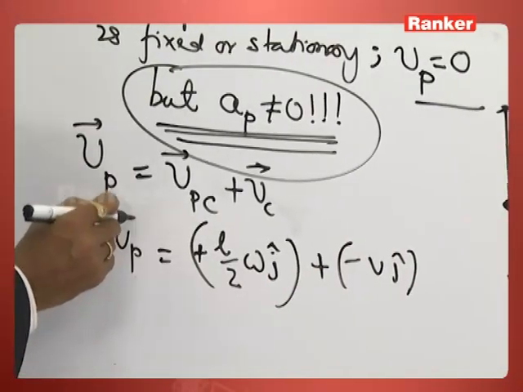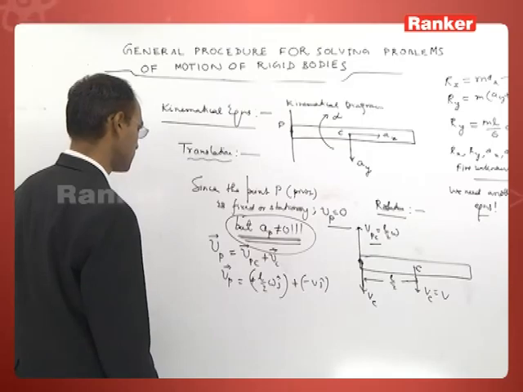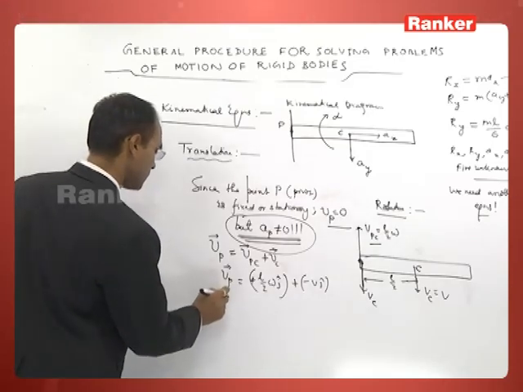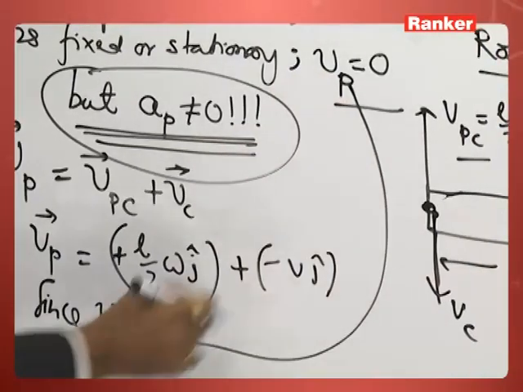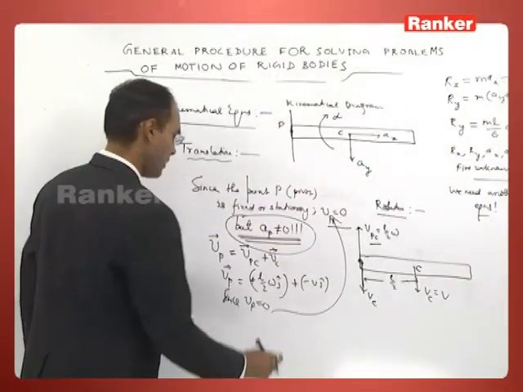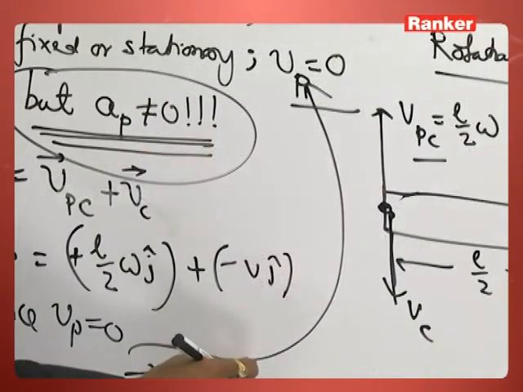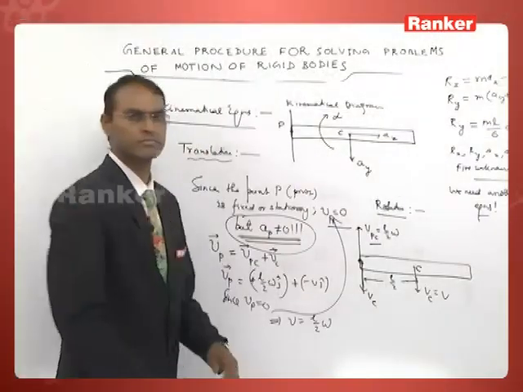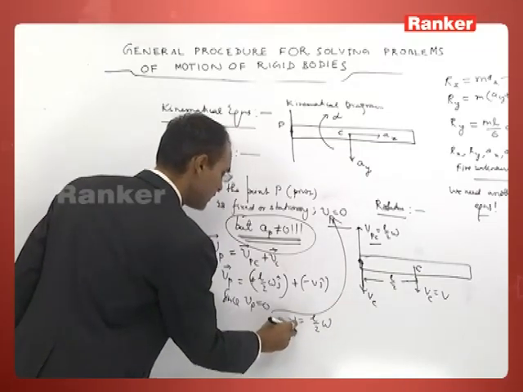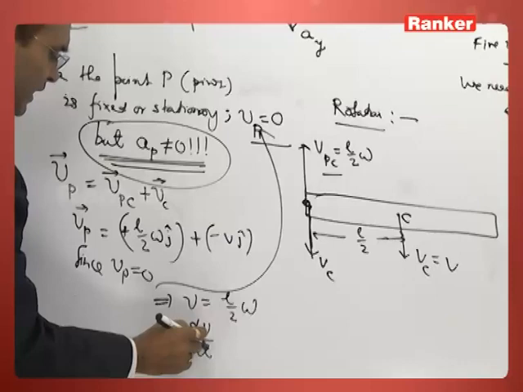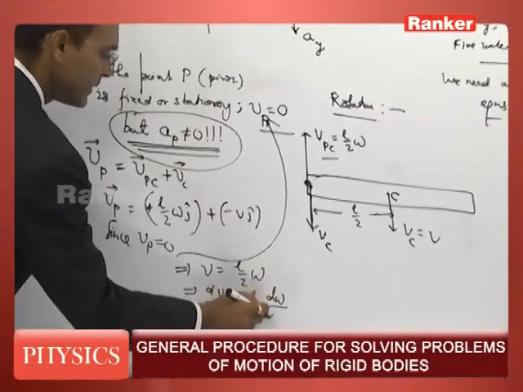We are getting Vp. Since Vp is equal to 0, we can write V is equal to L by 2 into omega. Differentiating both sides, dV by dt is equal to L by 2 d omega by dt.